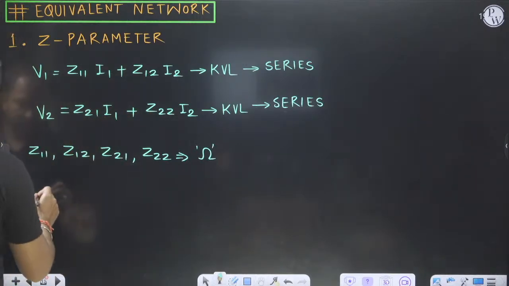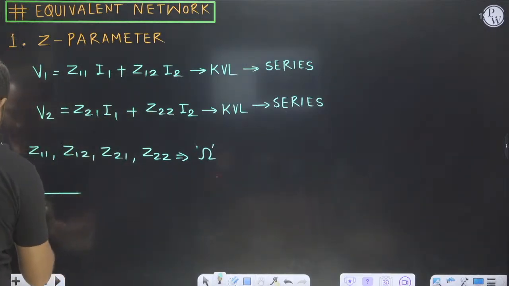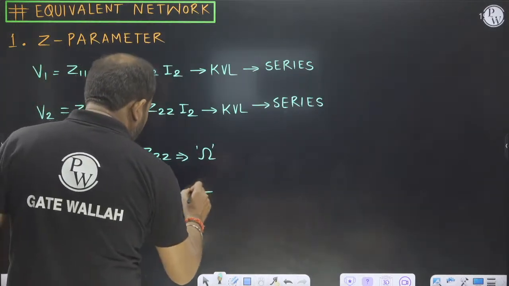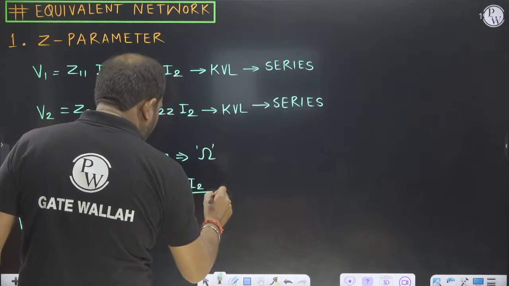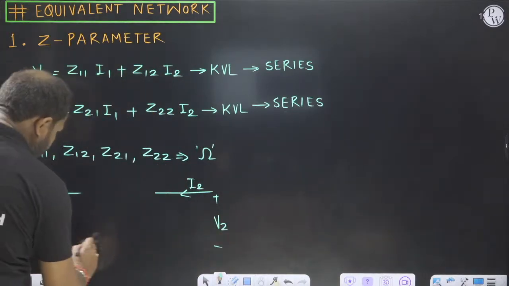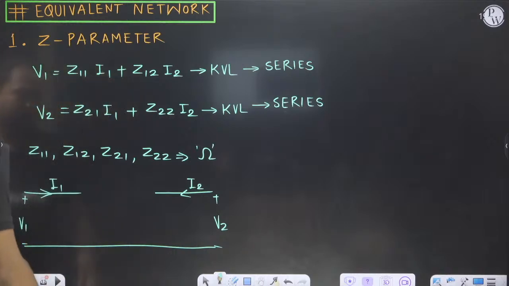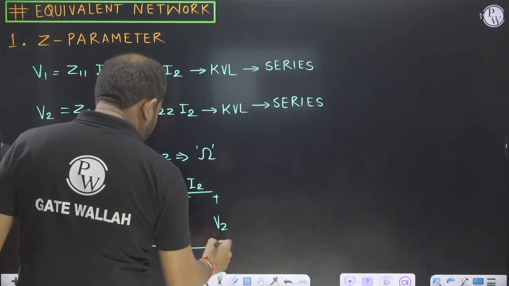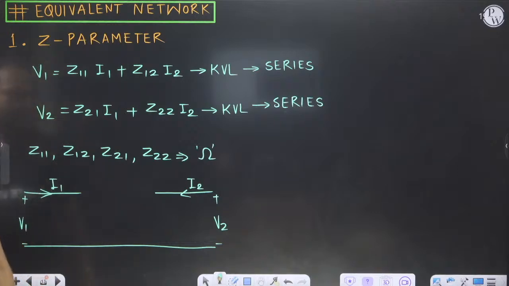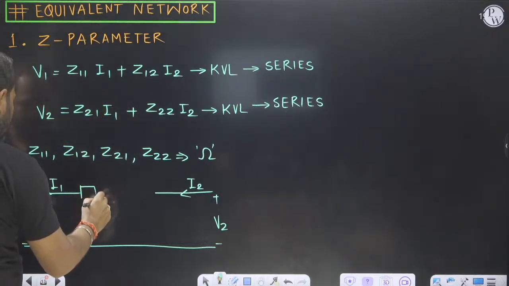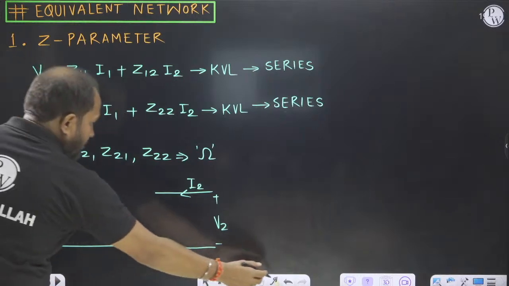Okay. So what do we have? We have a voltage V1 and I1. We have a voltage V2 and I2. Then the first one is Z11 I1, so it is Z11 by I1.